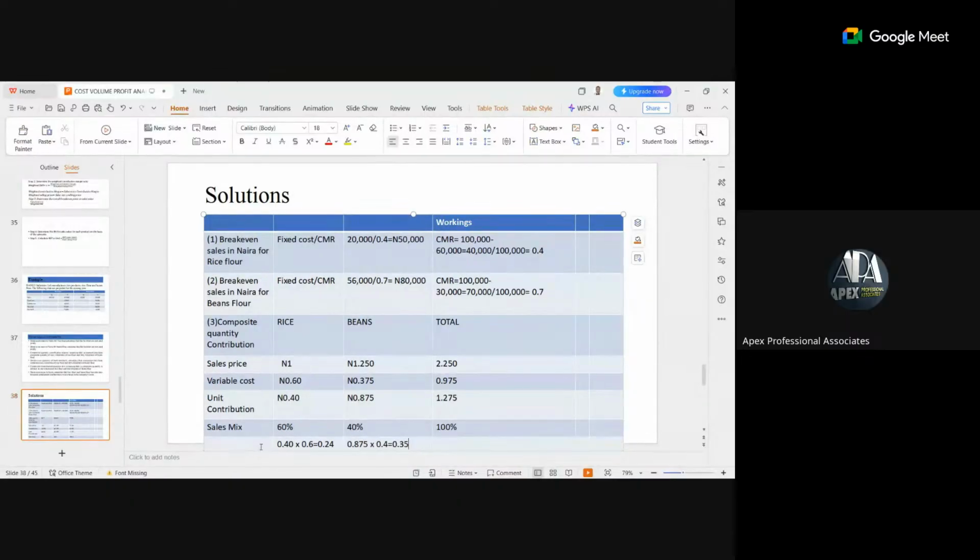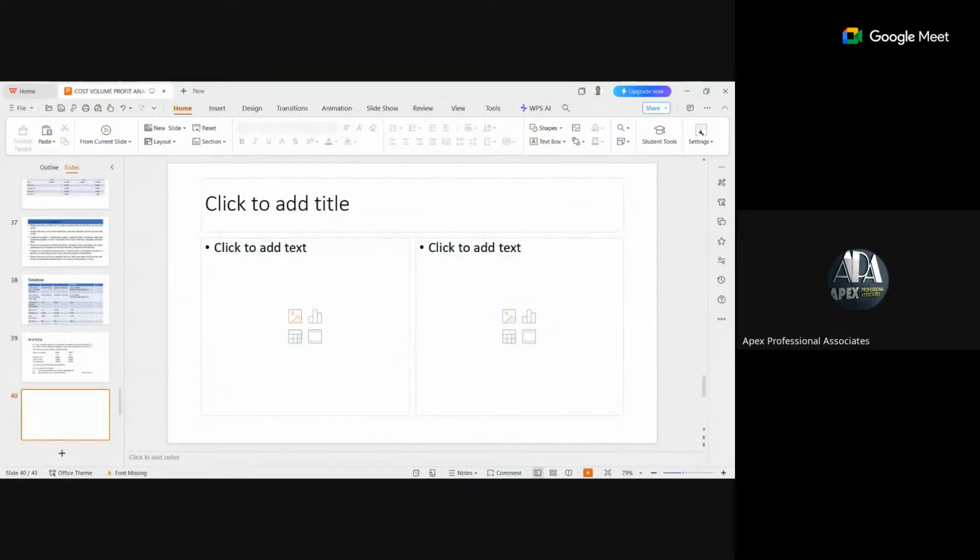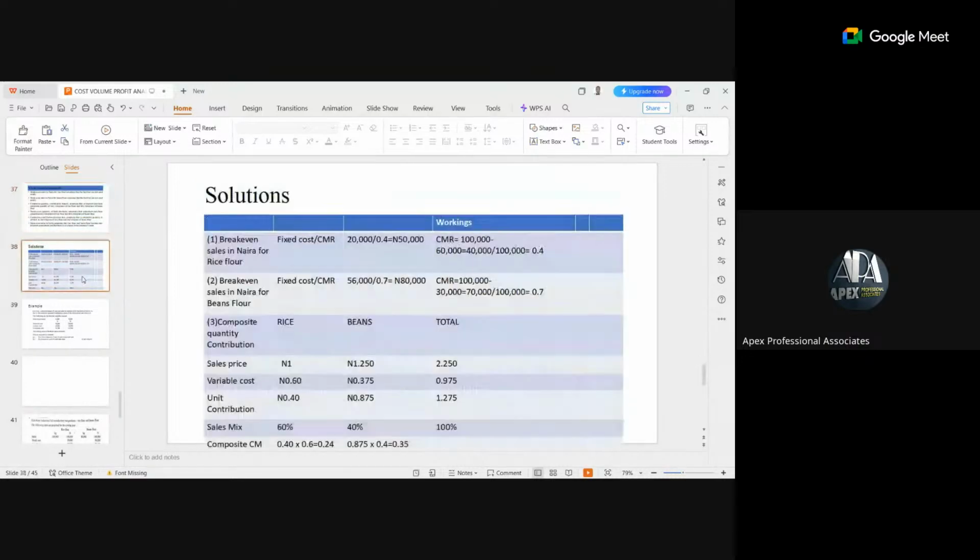So the composite contribution margin will be the addition of the rice contribution margin and the beans contribution margin.